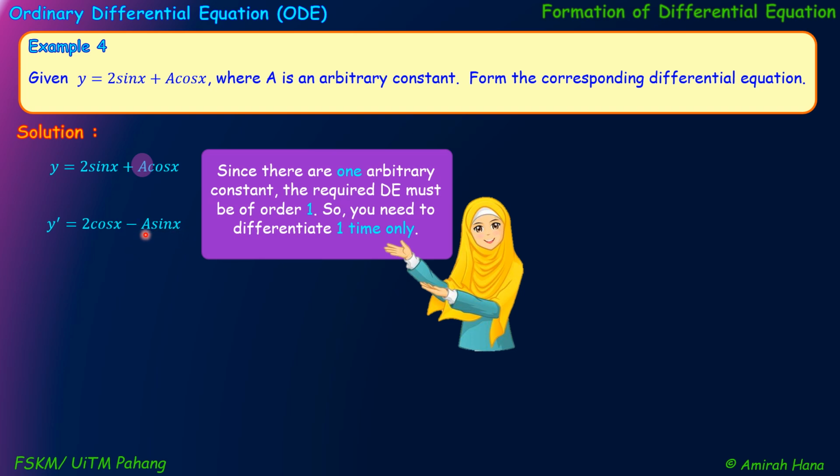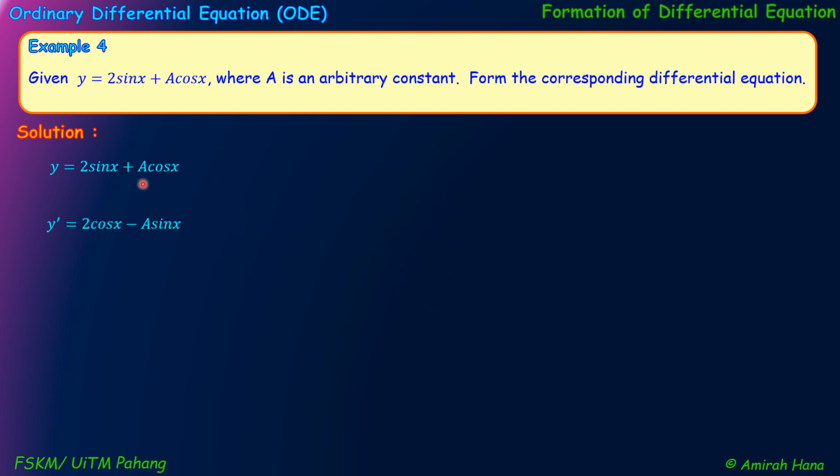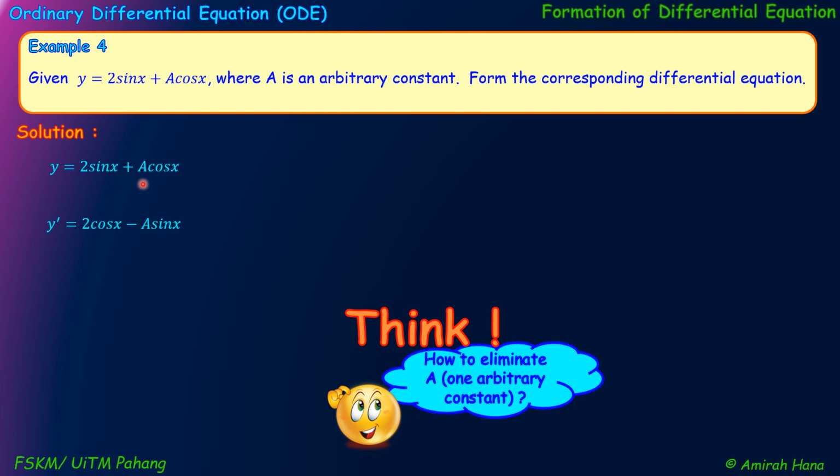That's why we get negative a sin x, right? We just differentiate one time only because we only have one arbitrary constant. Then we need to think how to eliminate constant a here, right?